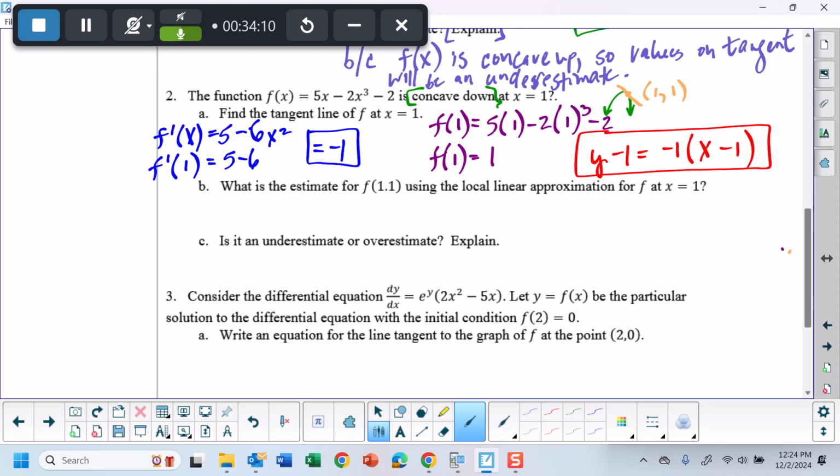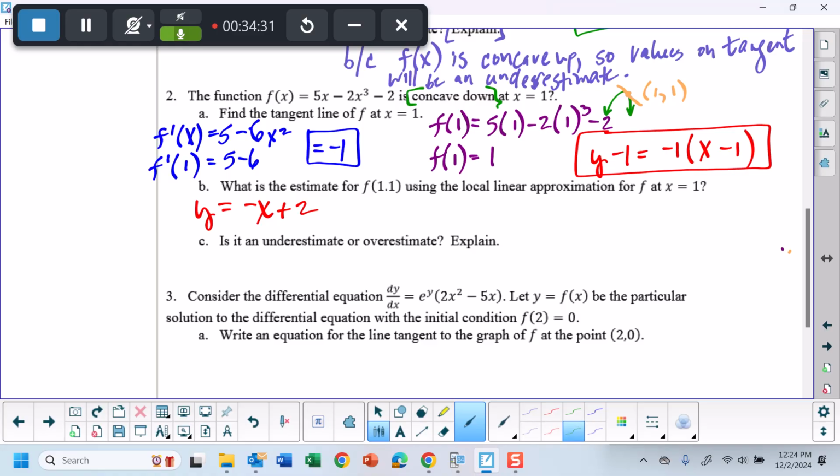We're going to use the equation of the tangent line, and then we'll talk about whether it's an over or underestimate. So if we want to simplify this, y is equal to the opposite of x. If I distribute that, that's plus 1, and then add another 1, and I get plus 2. You okay with that?